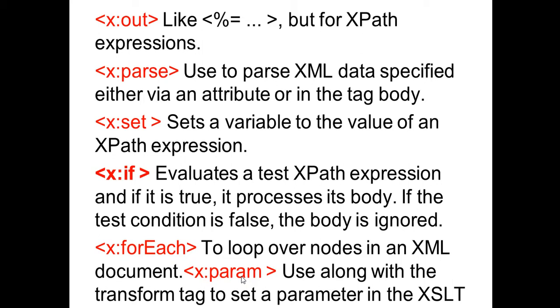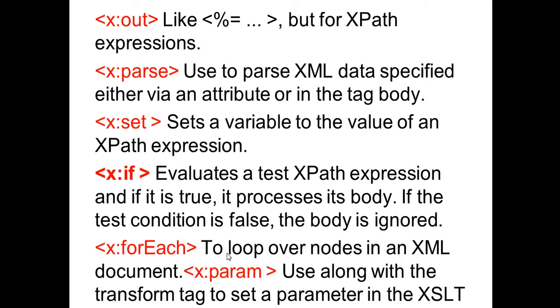In XML we have the tag x:out, whereas in the core library, you might remember, we have c:out, which prints some record or evaluates some expression. And if you want to parse an XML document, we require the tag x:parse, which is used to parse XML data, specified either via an attribute or in the tag body. Suppose you want to set some variable or XPath expression, you require the tag x:set.